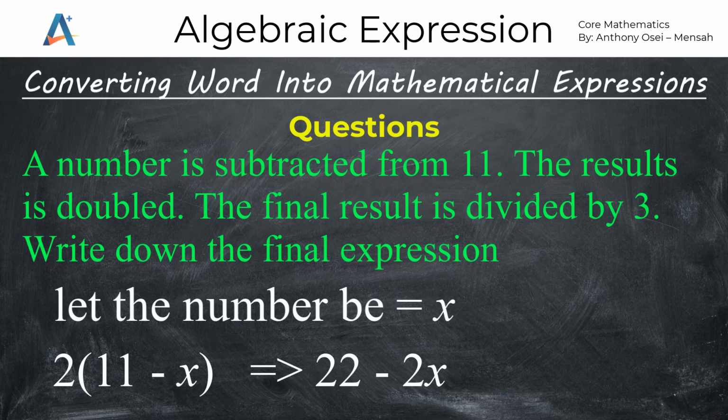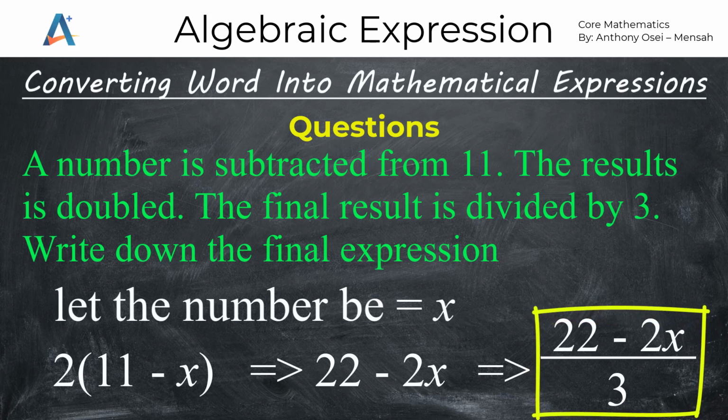Since this becomes my final result, I will divide it by 3. This is the meaning. 22 minus 2x will be divided by 3. So I can choose to divide them separately or leave it this way. This is better. So the final expression the question is demanding will be 22 minus 2x divided by 3. Thank you very much.